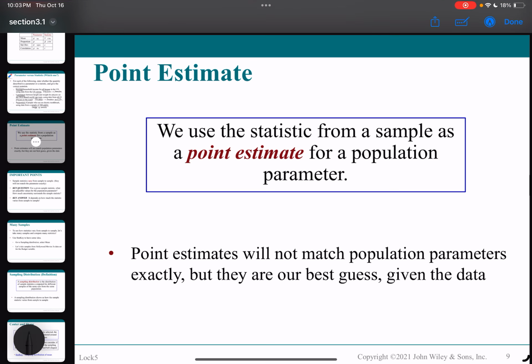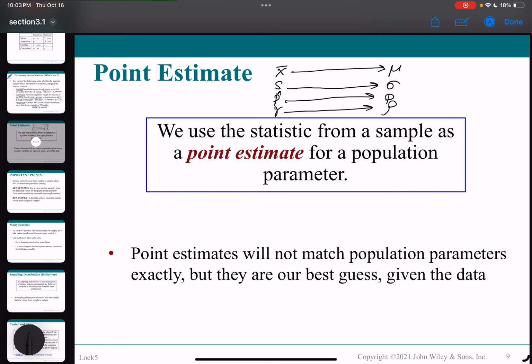All of these values, for example x bar, sample s, p hat, and sample r, the correlation, we use to estimate mu, sigma, population p, and rho. So always map these estimates properly.